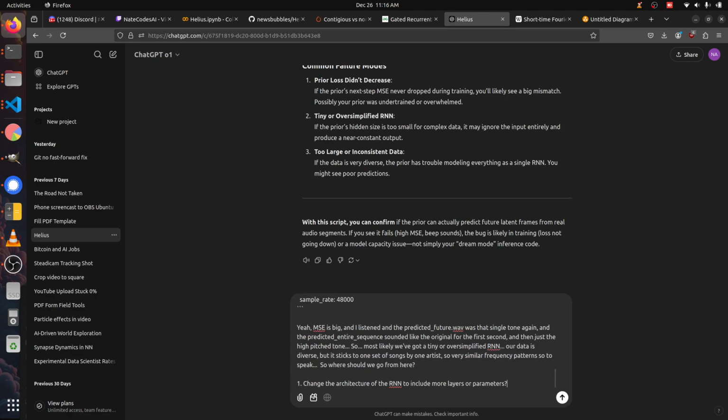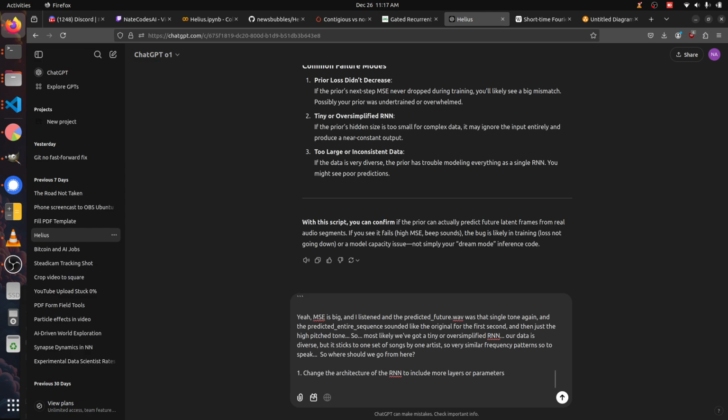All right, so can we change the architecture of the RNN to include more layers or parameters, to completely change the prior model to be something better fit?